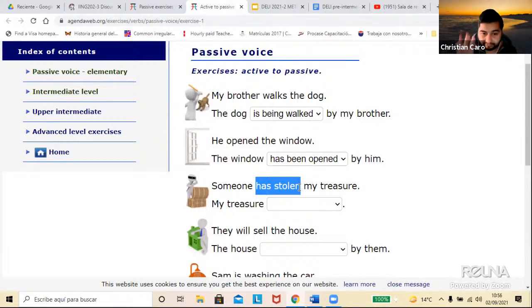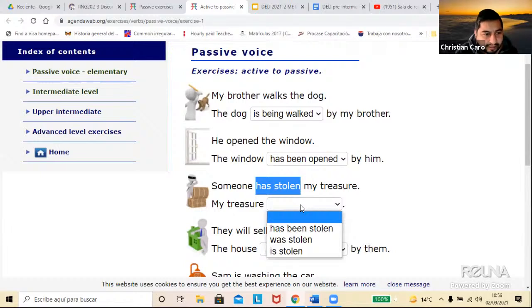So you have to remember, you have to keep the tense. Keep the tense, present perfect. So, Fran Andrea dice, has been stolen. El Derek dice, has been stolen too.